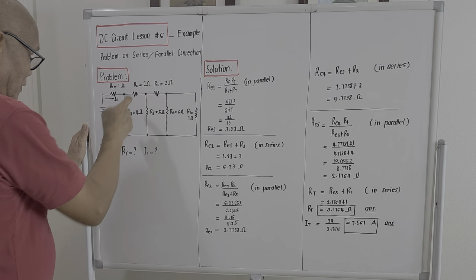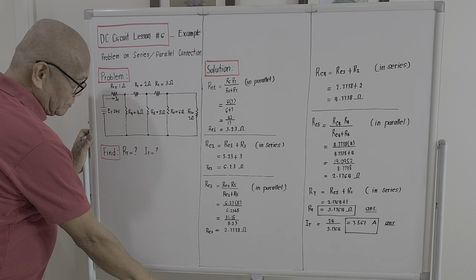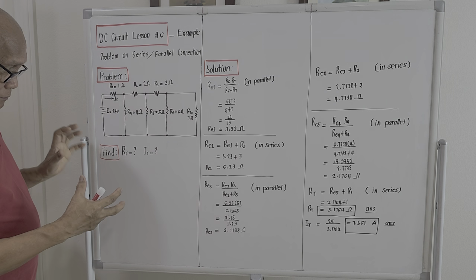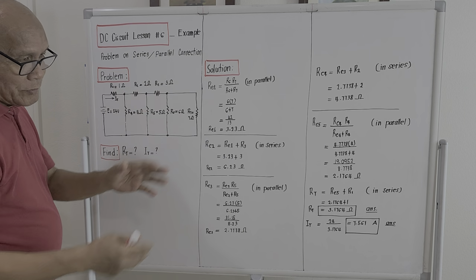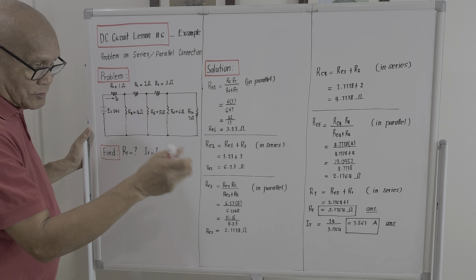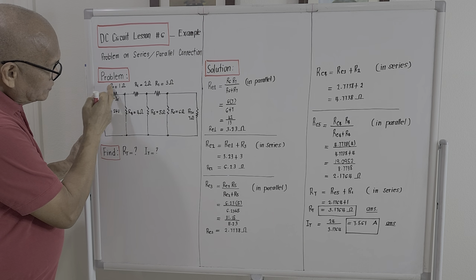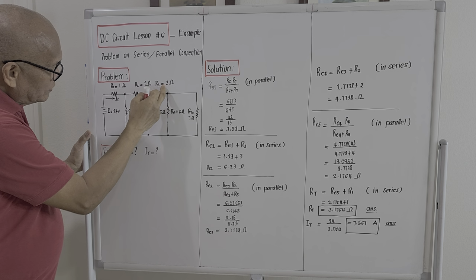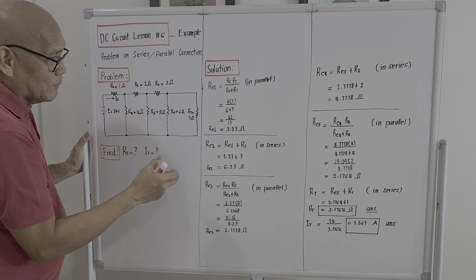I've given you a problem here. The figure will be this one. I give you a series parallel connection, and the total number of resistances involved is actually 7. This is 1, 2, 3, 4, 5, 6, and 7.